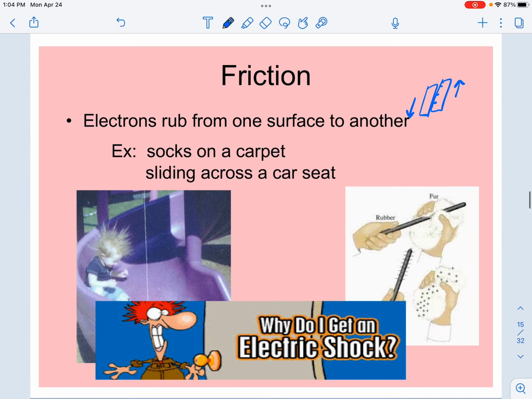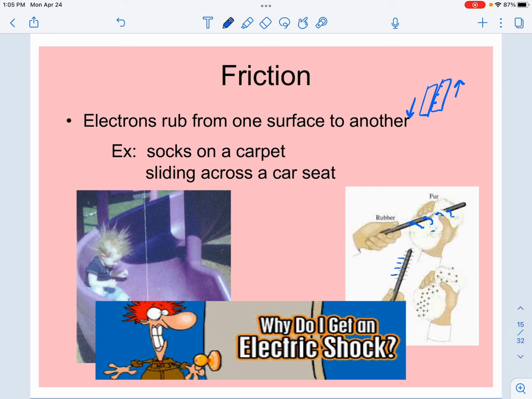From that friction, what happens in this case is the electrons on the fur are going to be moved and pulled onto the rod. Now, how do I know that? Because the picture here shows that the rod is the one that has the excess of negative charges. So the rod in this example is the object that picks up those electrons.